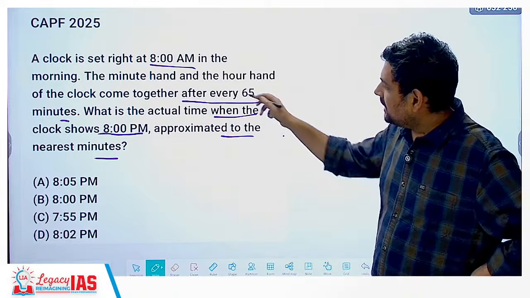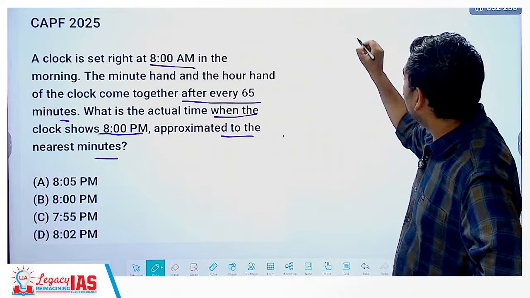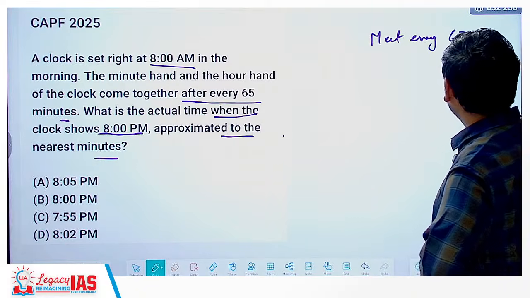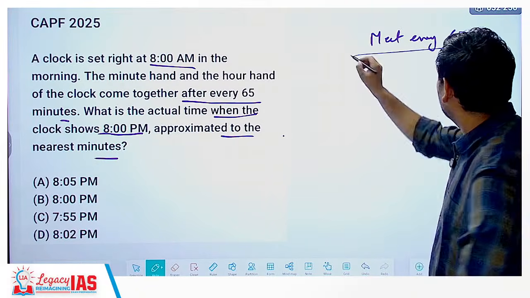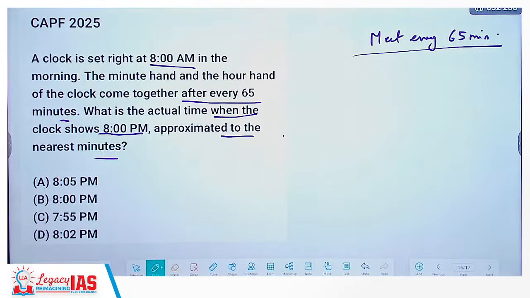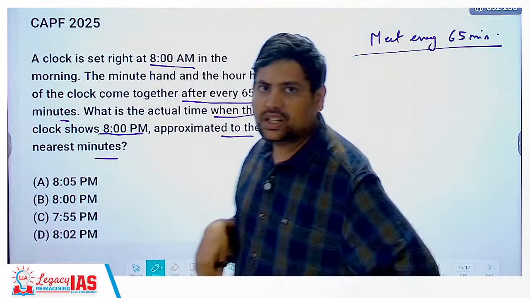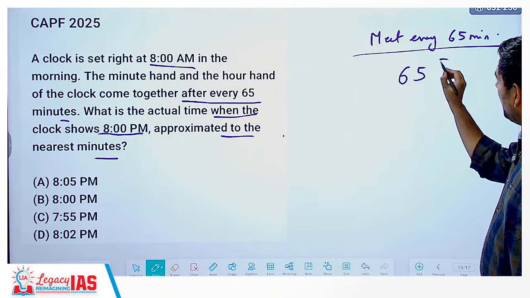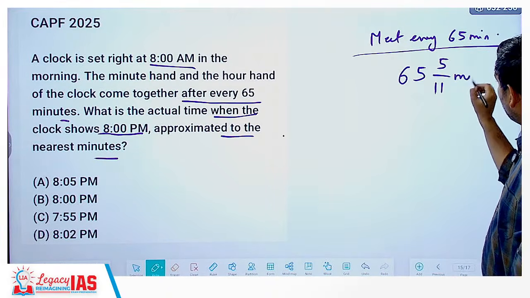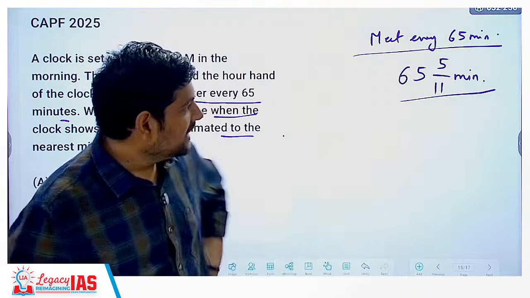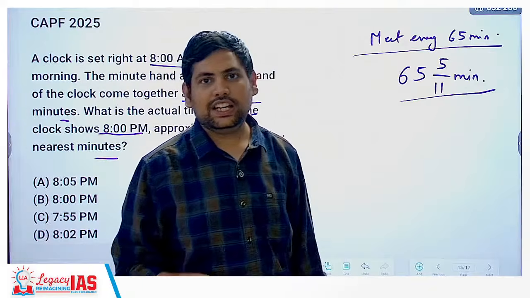It is saying that they meet every 65 minutes. This is what is known. But what is the ideal time of coincidence between minute hand and hour hand? The ideal time is not 65, it is actually 65 5/11 minutes. Do you understand this?